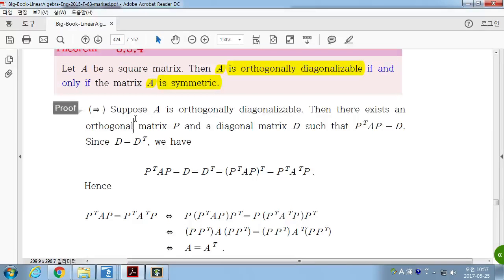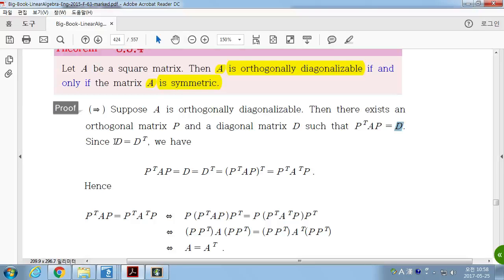Let's start from the left-hand side. Suppose A is orthogonally diagonalizable. Then we have the orthogonal matrix P and diagonal matrix D such that P transpose AP is equal to D, isn't it? Yes, orthogonally diagonalizable. But D is a diagonal matrix, and all the eigenvalues are real.